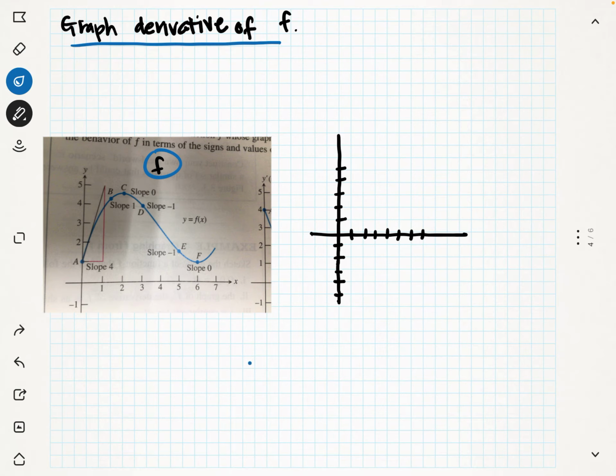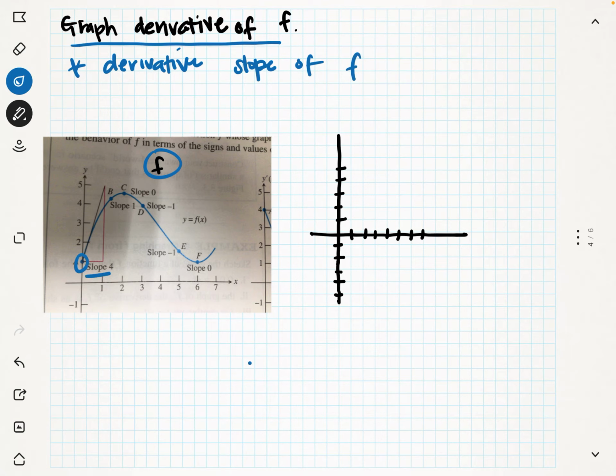So remember, the most important thing here is that the derivative gives the slope of f, right? So f prime gives the slopes of f. Because they're giving us the slopes here, all we have to do is plot the slopes at each of these points. At the first point the slope is 4, and that's where x is 0.